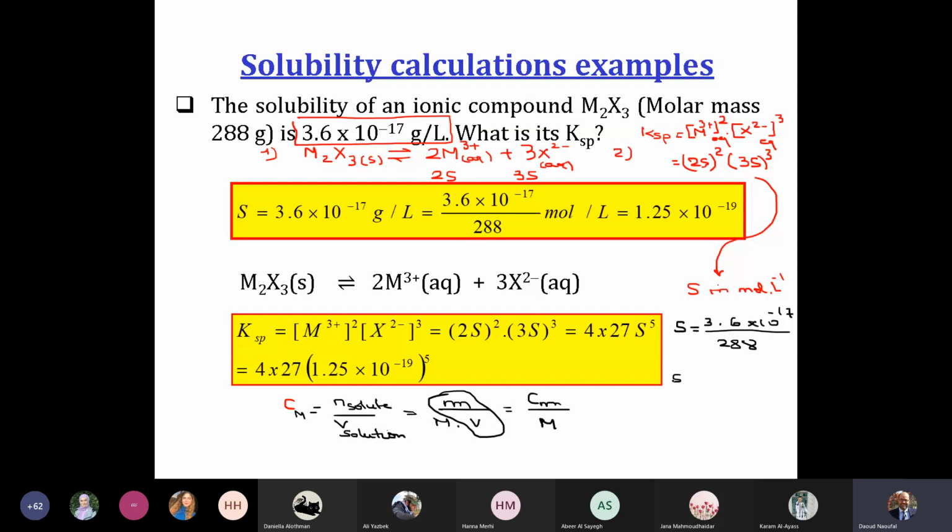So we calculated the solubility is equal to 1.25 times 10 to the minus 19 mole per liter. Then we put S by its value in the expression of KSP, and therefore we calculate KSP. So pay attention to the writing of the KSP according to the solubility, or according to the concentrations in mole per liter.